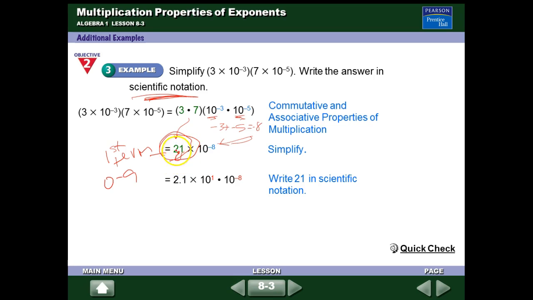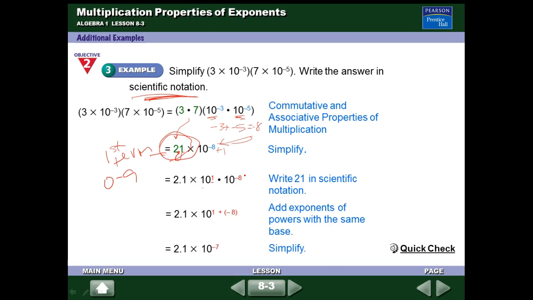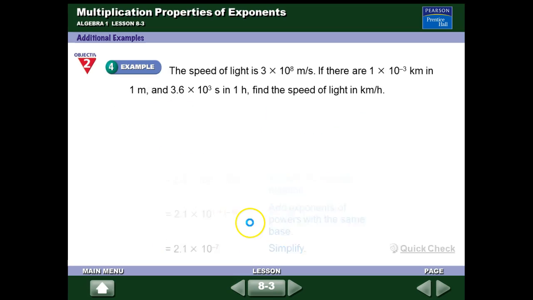Because I've moved this 1 over, I have to remember to add that to my exponent. So now it's 2.1 times 10 to the 1, because I moved it over 1, times 10 to the negative 8. Yesterday I just said, well, let's just add the 1 to the exponent, which is the same thing here. 1 plus negative 8 is negative 7. This is my simplified answer.